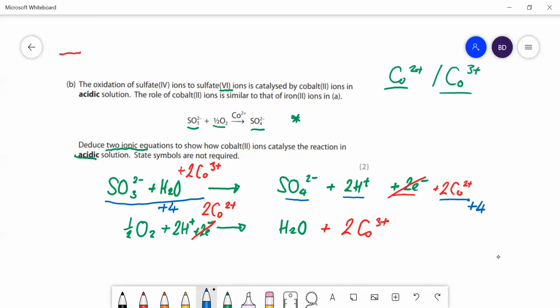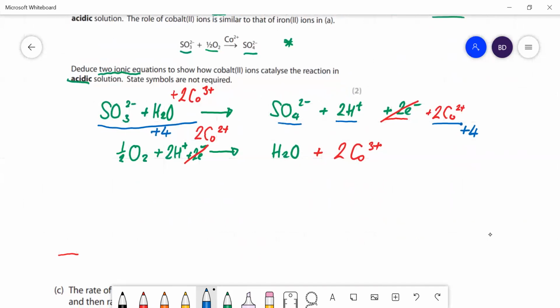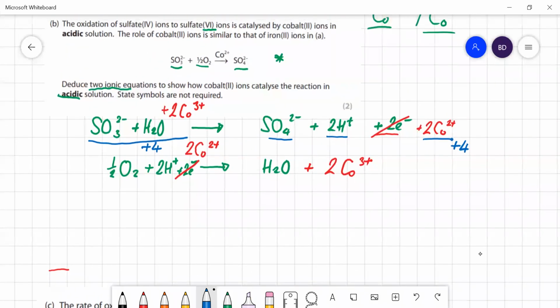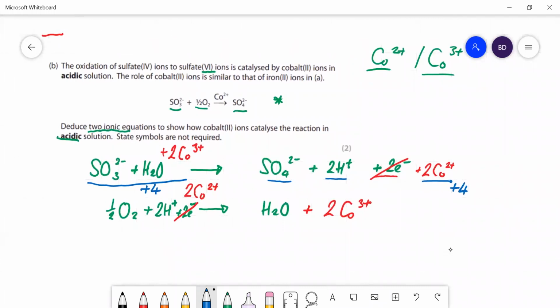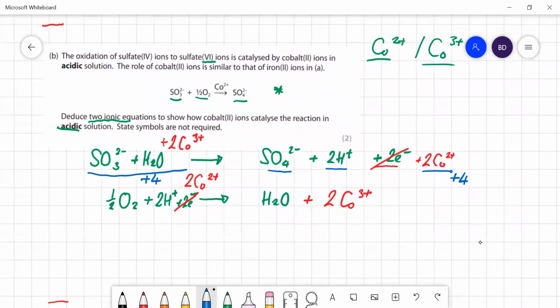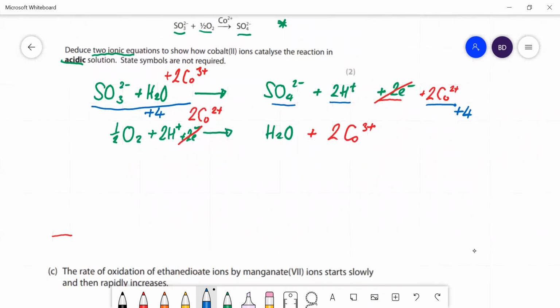It's worth doing that check. So again, the cobalt and the iron are acting as catalysts there by receiving electrons and giving away electrons. So they're flicking between the 2 oxidation states. A homogeneous catalyst.